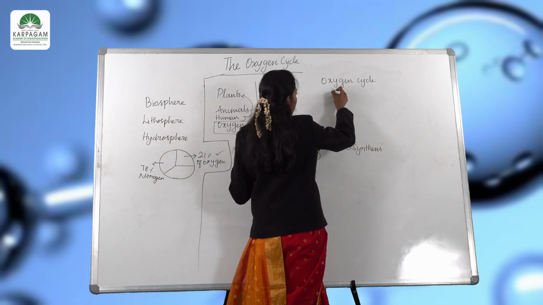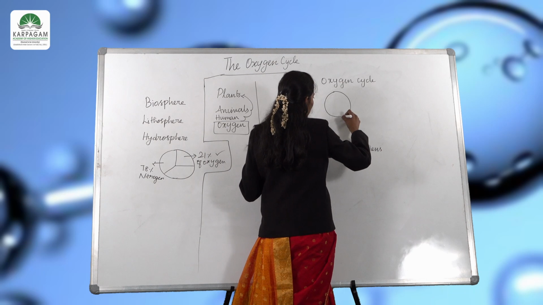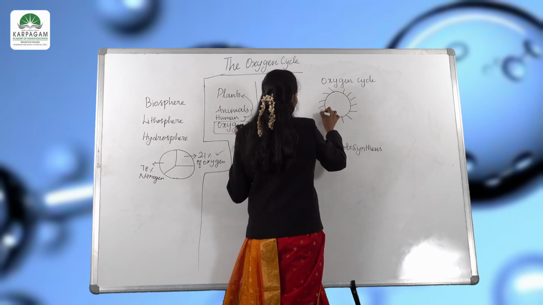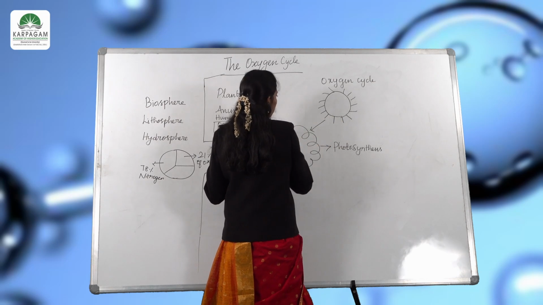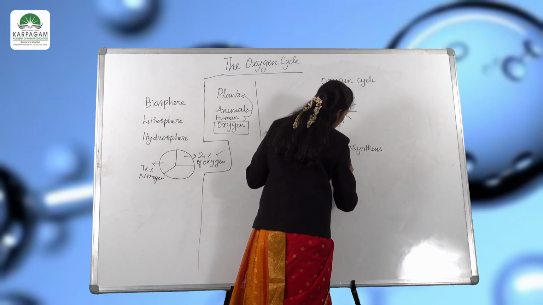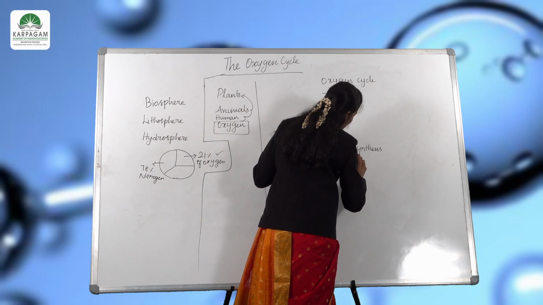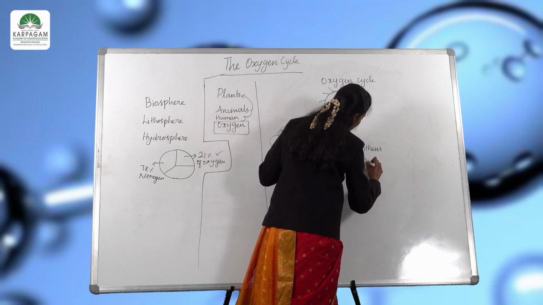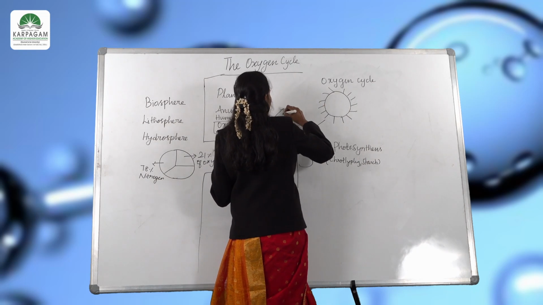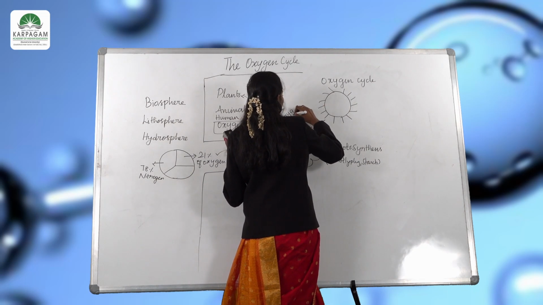We clearly know that photosynthesis takes place because of the sun's rays when they fall on the plants as well as on the trees. This photosynthesis is nothing but the preparation of chlorophyll or starch that is present in it. So due to this, what happens? Oxygen will be released into the atmosphere.